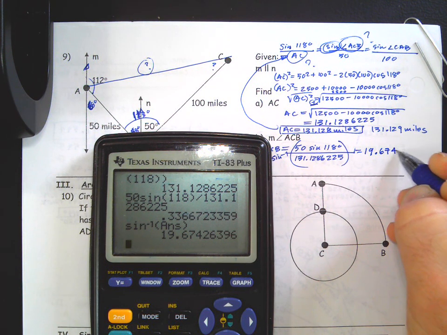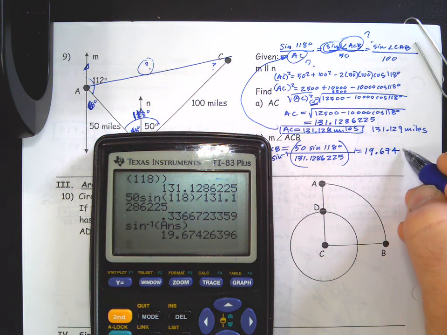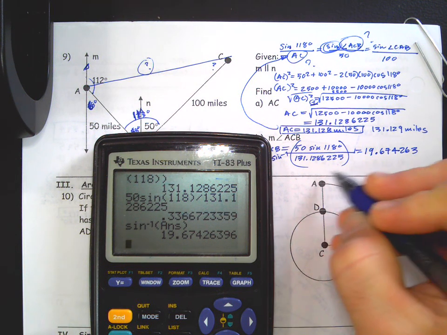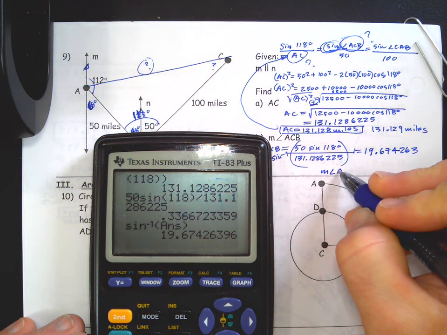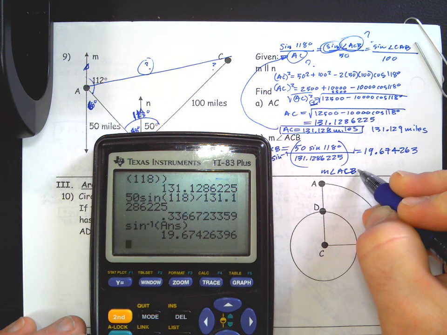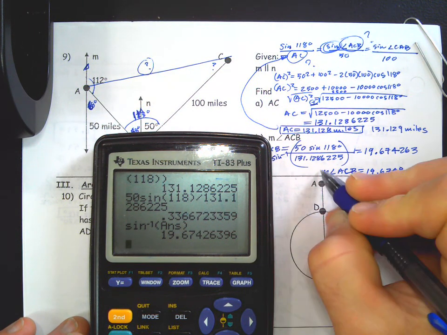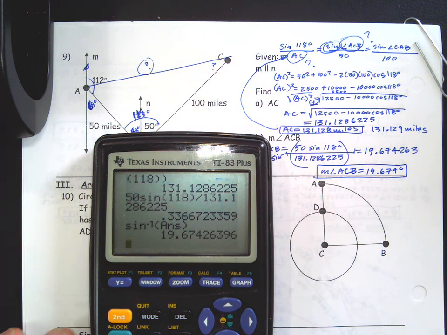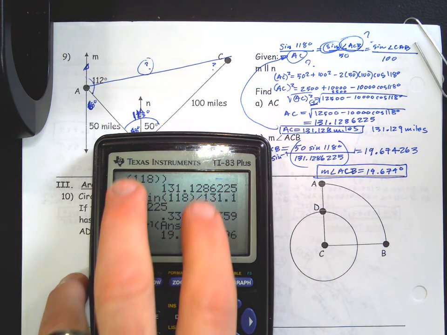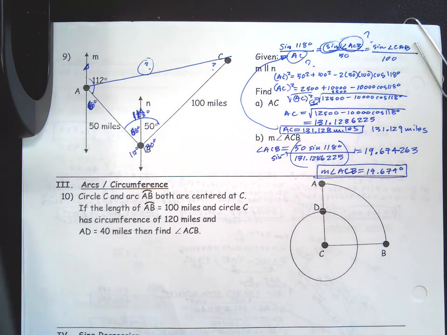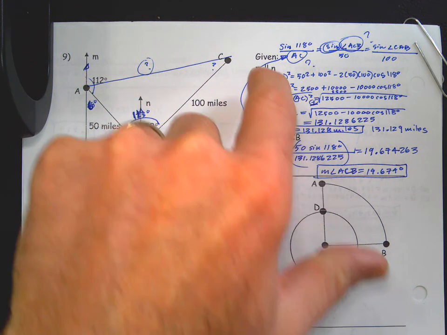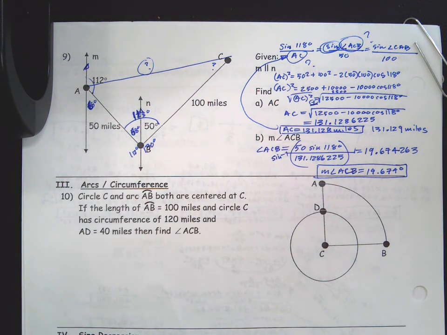Now, since we're done, I mean, we could write a couple extra decimals, but measure angle ACB is 19.674 degrees. Round truncated comes out the same. So something like that. There are other ways you could have done that problem. I think we could have found the angle first and then the side from it. And I think that would have worked.